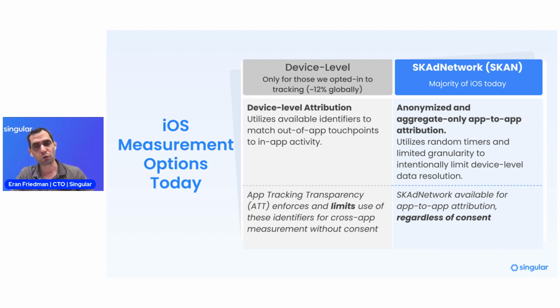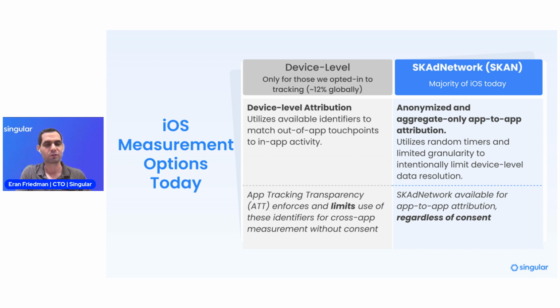Now, the new framework that Apple designed as part of the privacy changes is called SKAdNetwork. Sometimes we refer to it as SKAN. The thing about SKAN is that it's completely anonymized, completely aggregated, very different from what the industry has been used to. But the big advantage is that it's available for all users, regardless of whether they allow tracking or not.